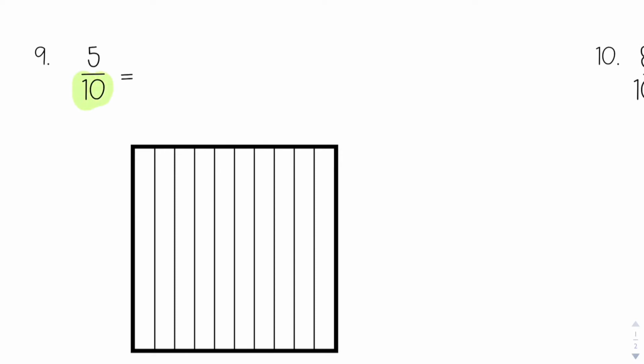So we're going to start with the fraction 5/10. I can see that it's divided into 10 equal parts. I can tell that it's divided into 10 equal parts by looking at my denominator. My denominator is my whole. It tells us what our total is partitioned into.